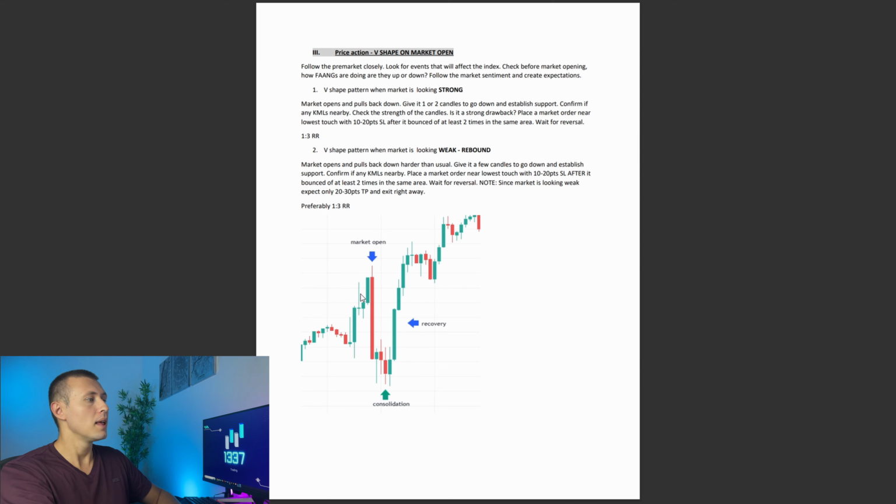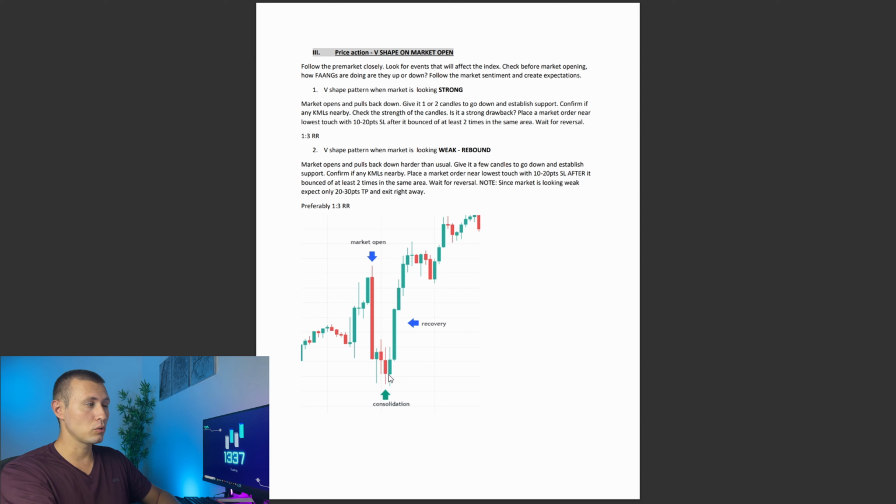Wait for reversal. Basically, the market draws back really violently to the downside, but it was a, let's say, trendy pre-market. There was some good news, or everything is green in the pre-market, so there's not much reason to go lower. People are just taking profits at the market open, so the market goes down. You see how it started consolidating over here in this area.